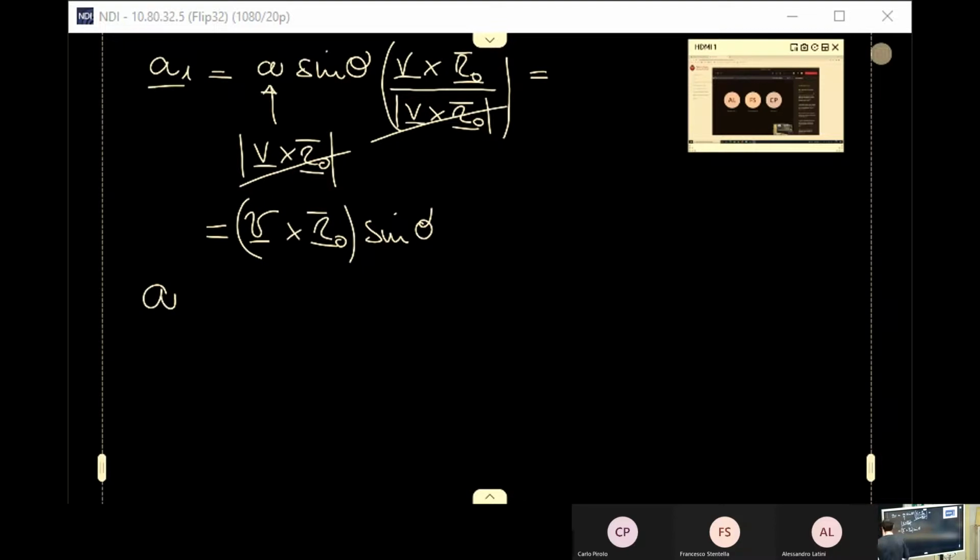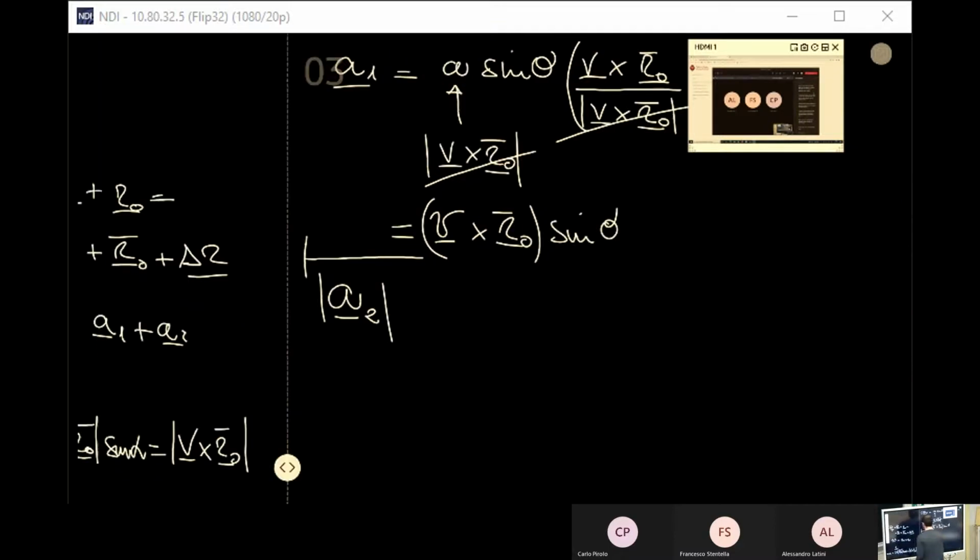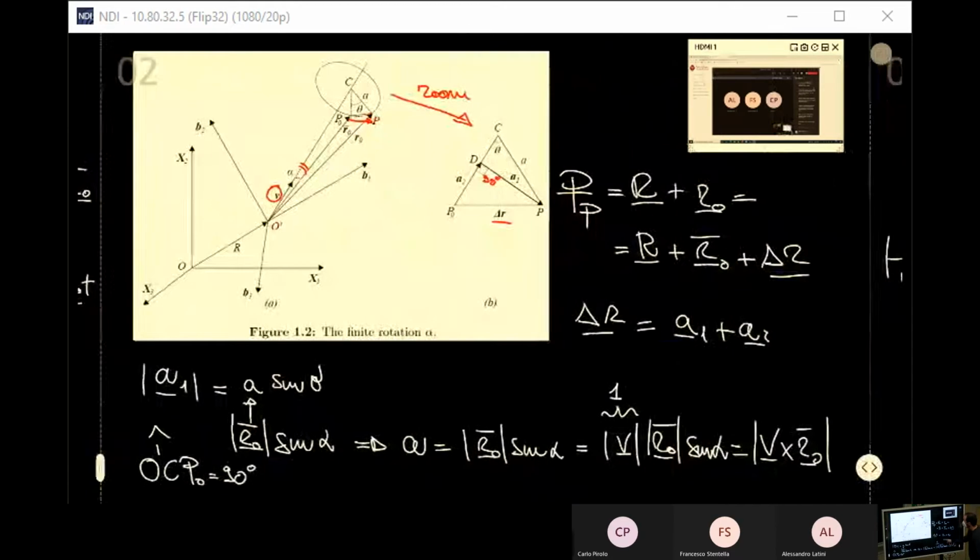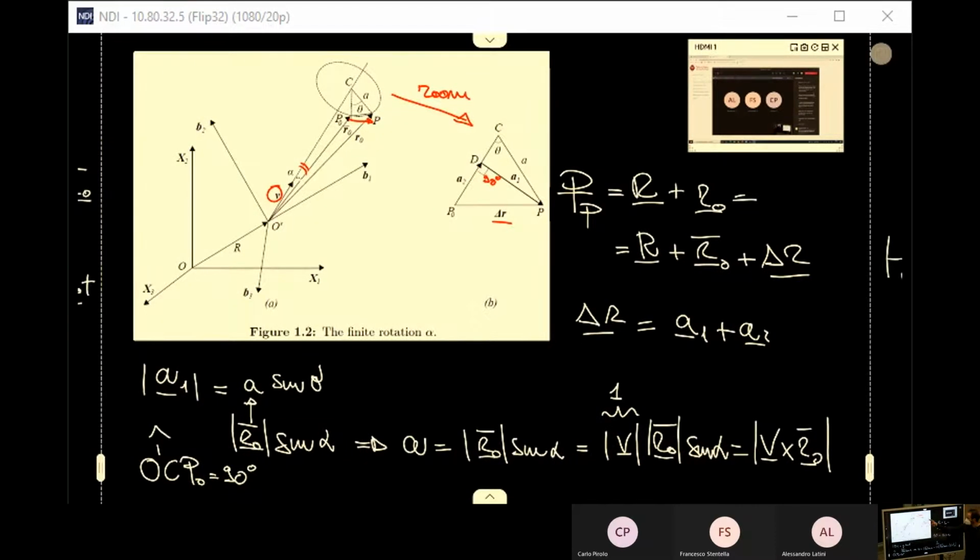To describe A2, we start again from the module. So let's have a look again at the picture. I would say that the module of A2, which is P0D, can be described as CP0 minus CD. All right?